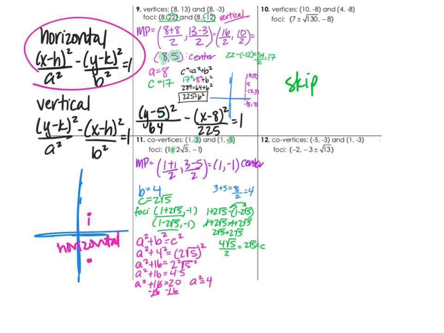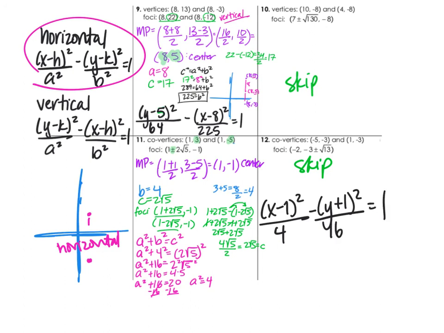That means we're going to use this. And since I'm going to eventually skip number 12, I'm going to use that area to write my answer for number 11. So my answer is x minus h, which is 1, squared over a squared, which is 4, plus y minus k, which is 1, squared over b squared, which is 16, equals 1.